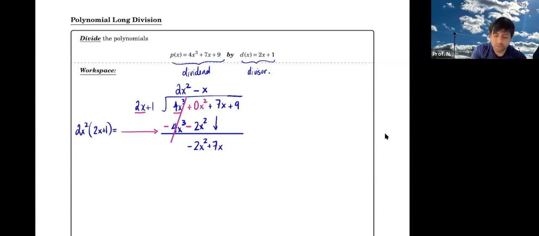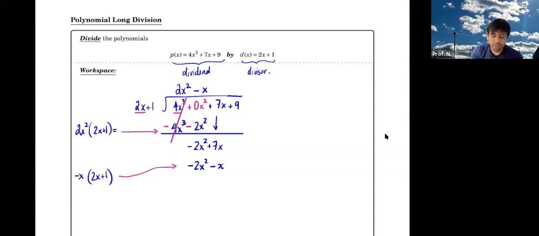So if I multiply -x by 2x, I get -2x squared. Obviously, that's what I'm trying to do: eliminate the first term of the polynomial. But now I have to be careful. -x multiplied by 2x plus 1 results in -2x squared, and then a negative x.